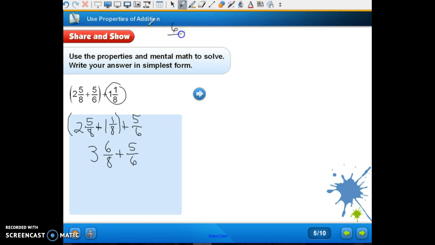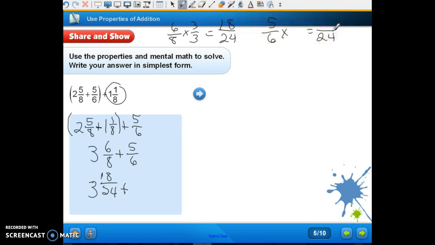So I need to make 6/8 into 24ths. What do I have to multiply by? 3. Okay, so 3 times 6 is 18. So this is going to become 3 and 18/24ths, plus I have to get 5/6 to equal 24ths.